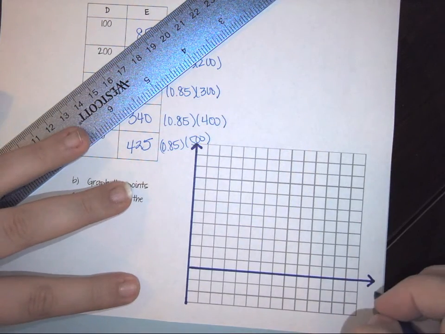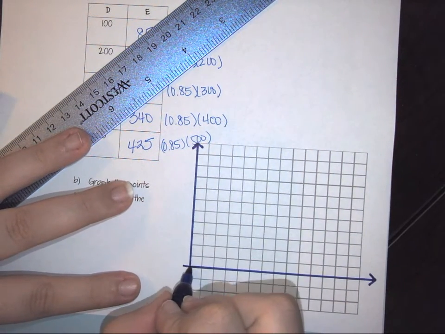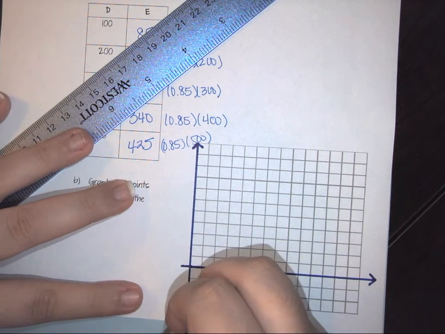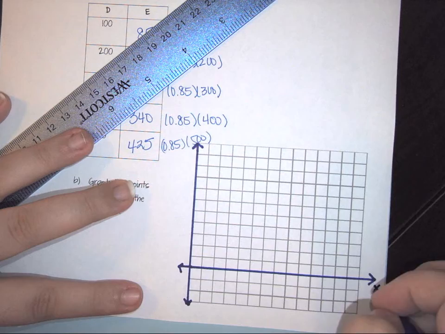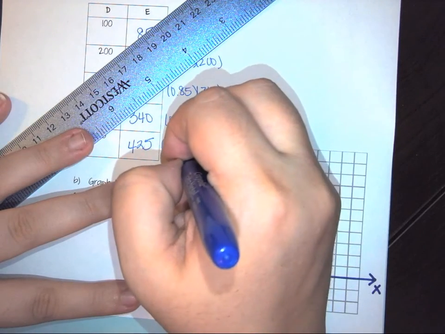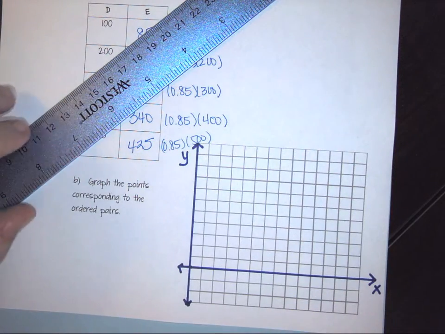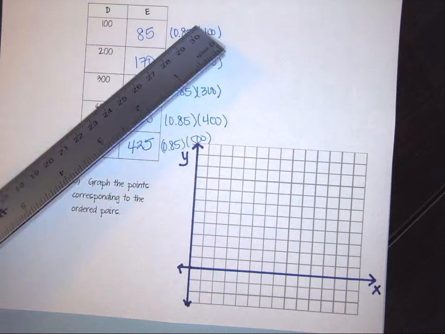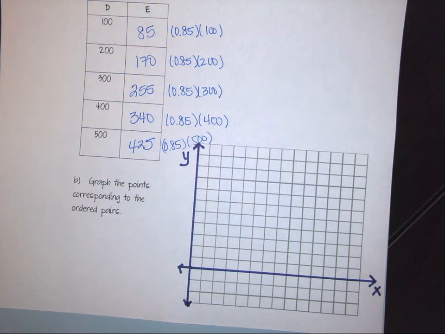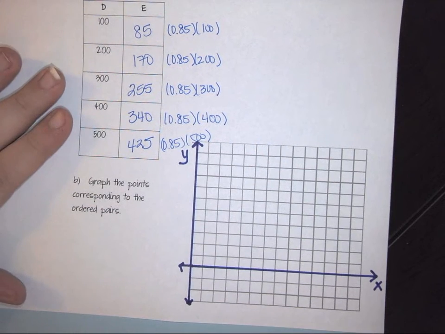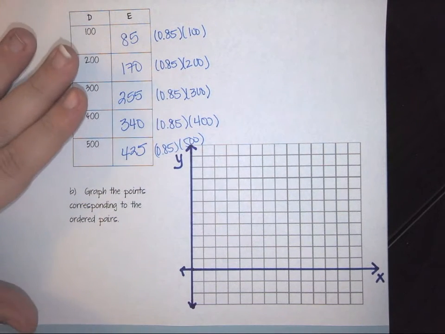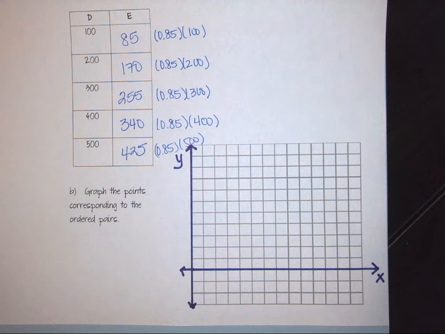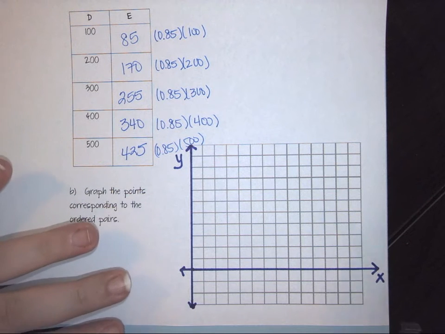So I have to remember that this is my x and this is my y. And then with that, I have to be able to label my actual points.